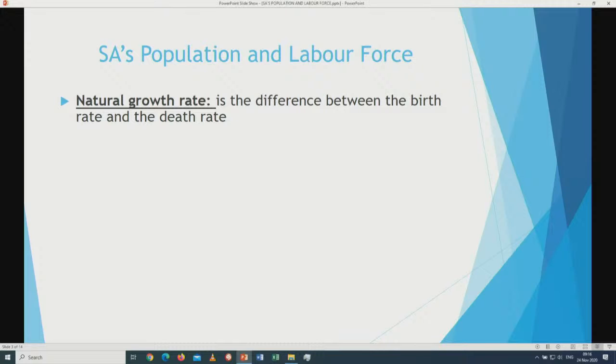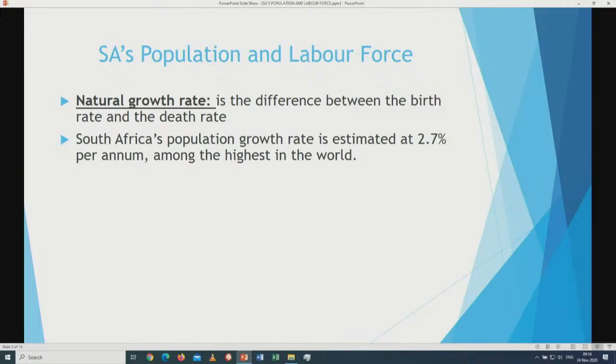So we set off the two together in order to get the difference. That difference, if it is positive, will give us the natural growth rate of the population. So the natural growth rate of the population is the difference between the birth rate and the death rate. I think this is just very easy stuff.